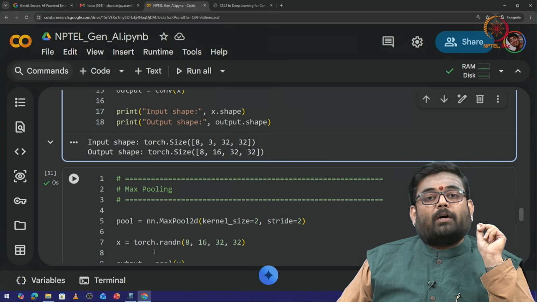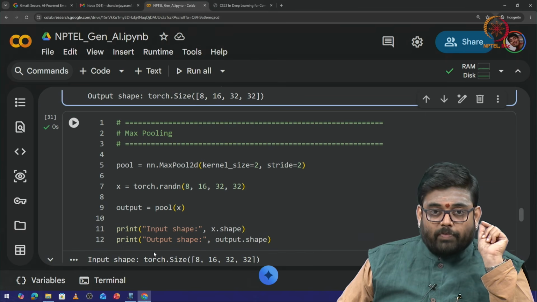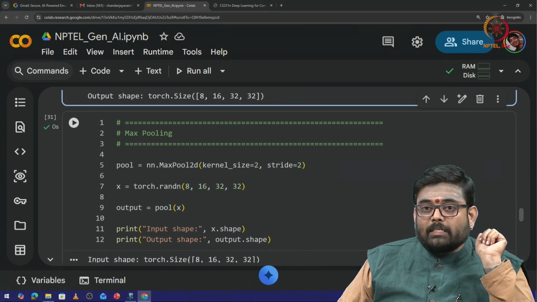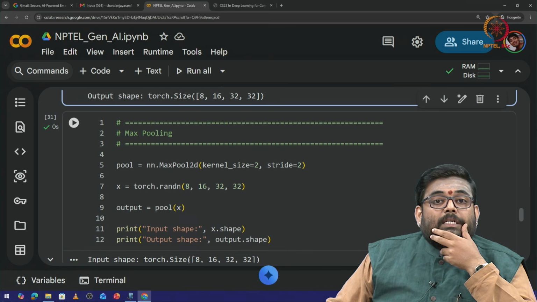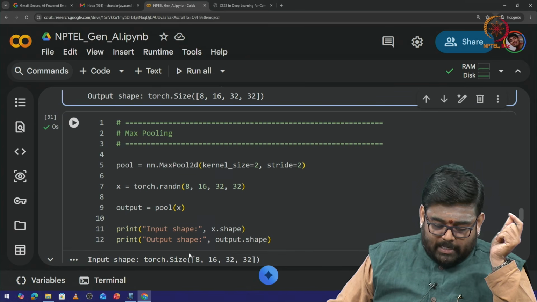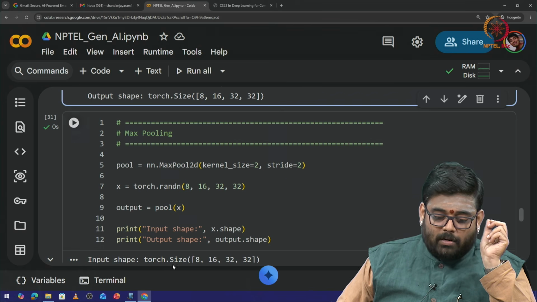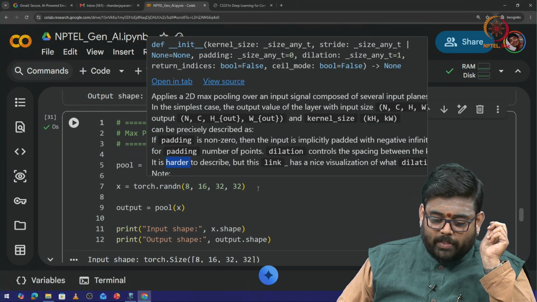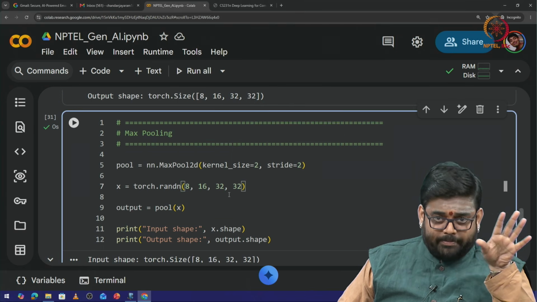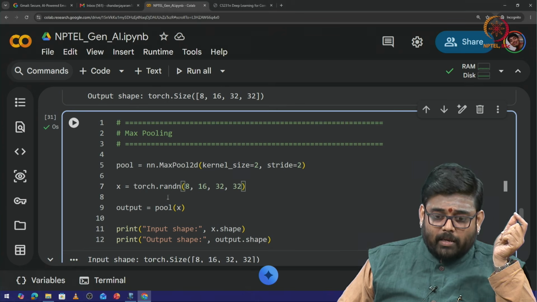Another important operation that we normally use whenever we look into CNNs is max pooling. The idea of max pooling is to reduce the dimension. It is used with MaxPool2D, where you take a 2D input, kernel is 2 and stride is equal to 2.